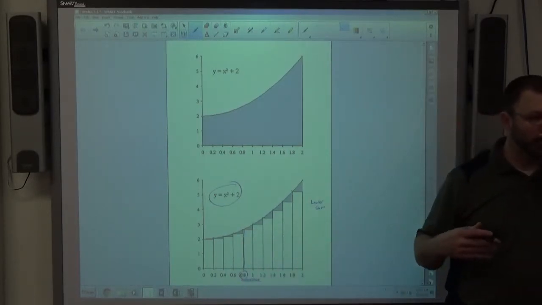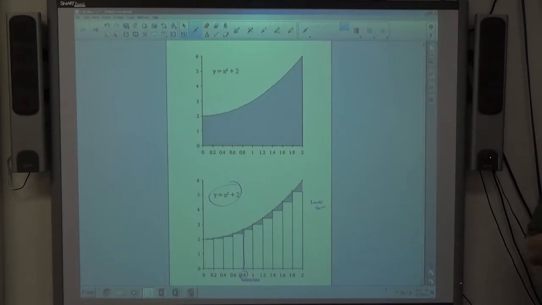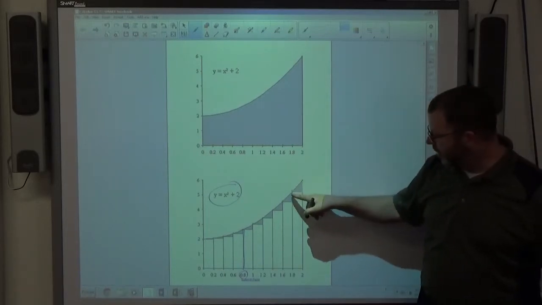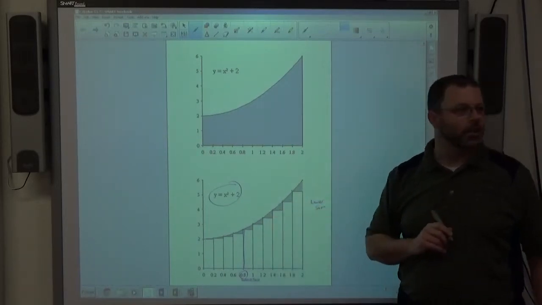So we have the ability to establish, based on the formula, what the height of each of those rectangles is. So we can find the area of each of those rectangles individually, add them all up, and that gets us an underestimate of the area, which is kind of close but not exactly, because we're missing it by this much, all these little spaces here.